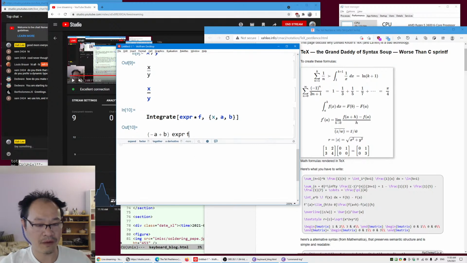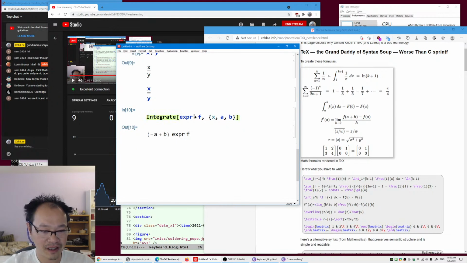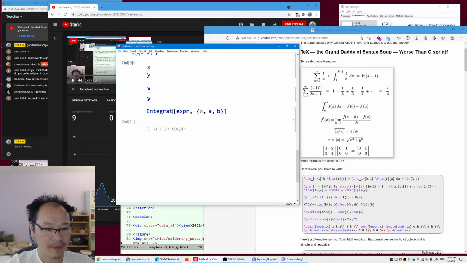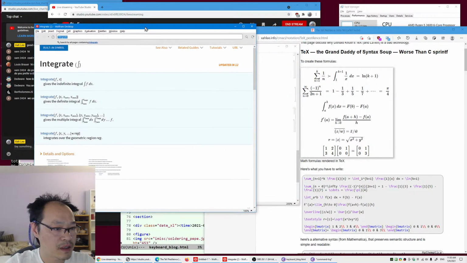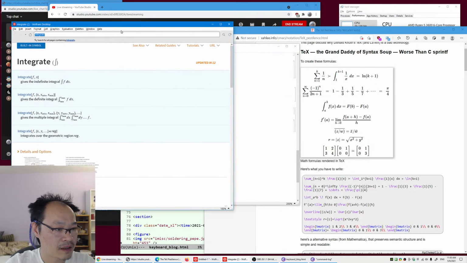It actually symbolically evaluates the whole thing. Hold on a second, let me see what's the syntax for integrate.